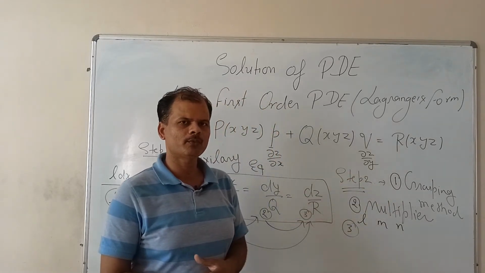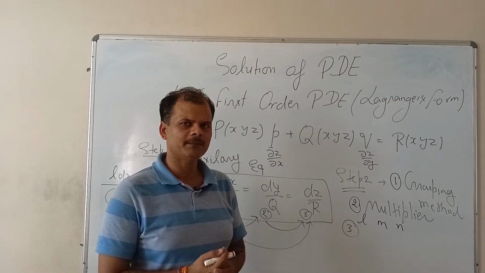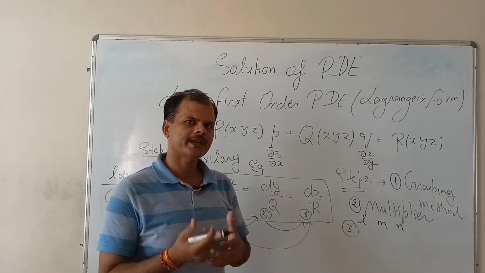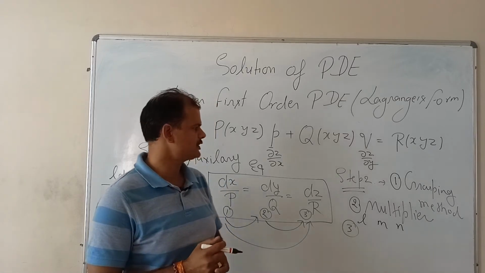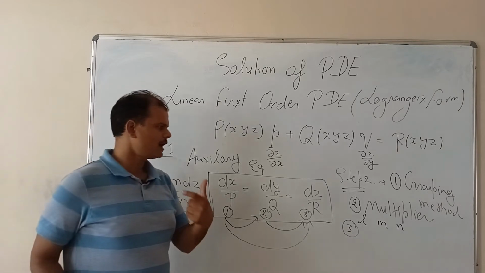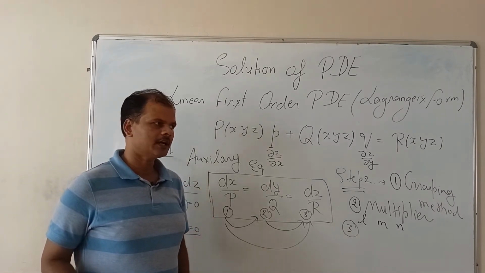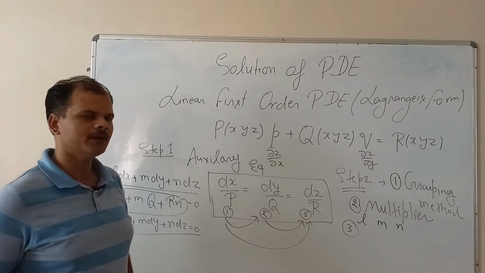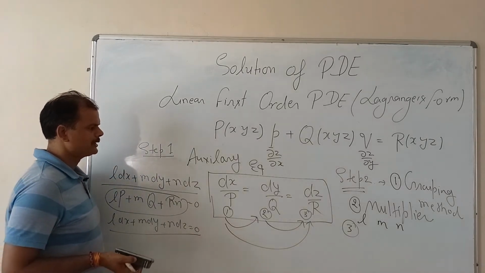Sometimes we can apply grouping, sometimes the multiplier, whatever feasible way to get the solution. Fine. So this was step 2: by using the grouping method, the multiplier method, or both, we can find the solution.